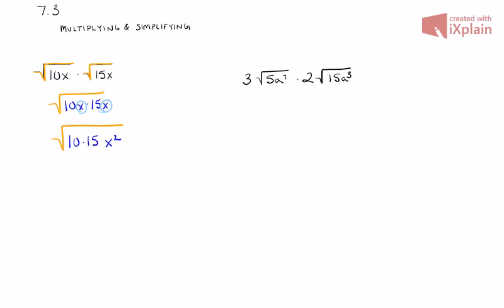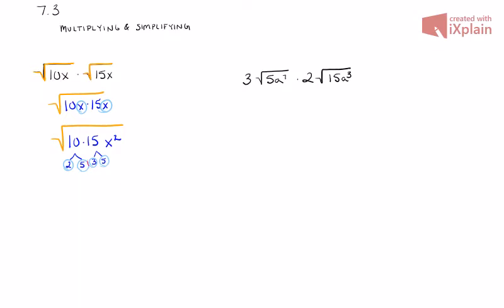For 10, I know that's going to be 2 times 5, and those are the prime factors. 2 and 5 are prime numbers, so I cannot break them down any further. 15 would be 3 and 5, and again, 3 and 5 are also prime numbers, so I don't have to go any further.